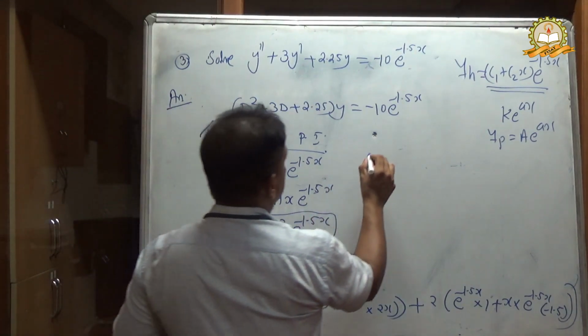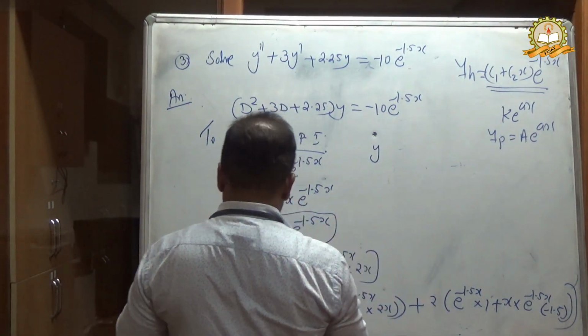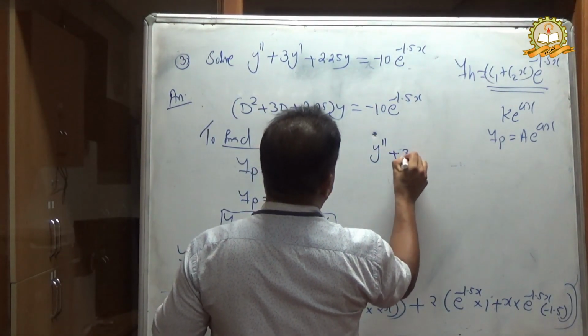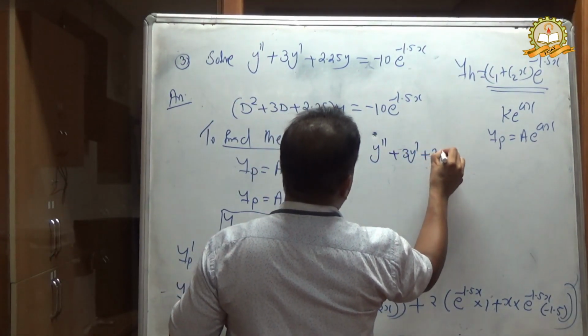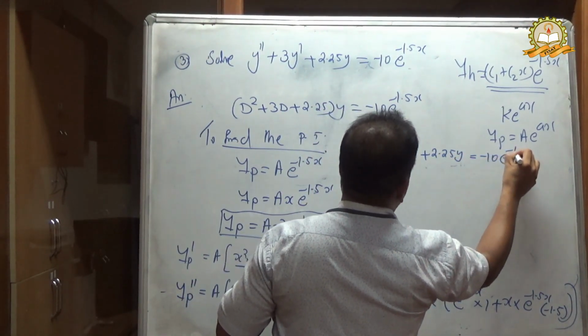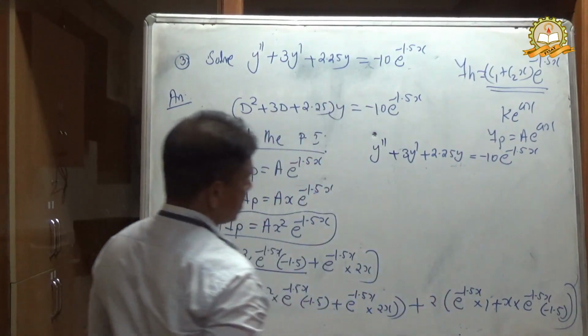Our given problem is y double dash plus 3y dash plus 2.25y equal to minus 10 into e raised to minus 1.5x.